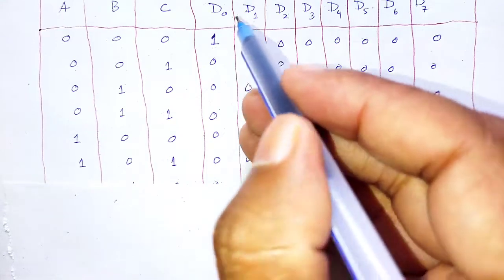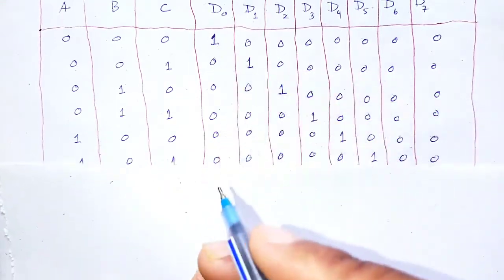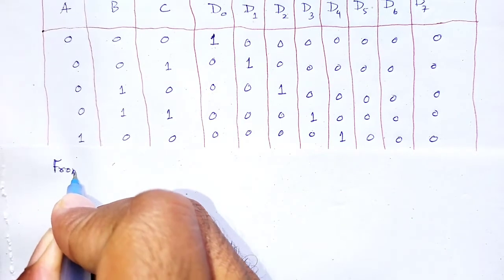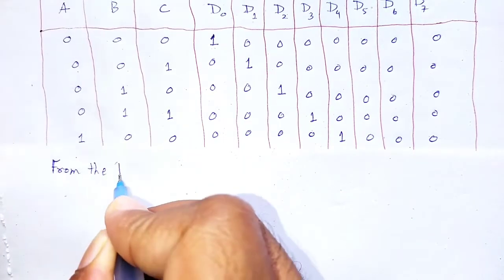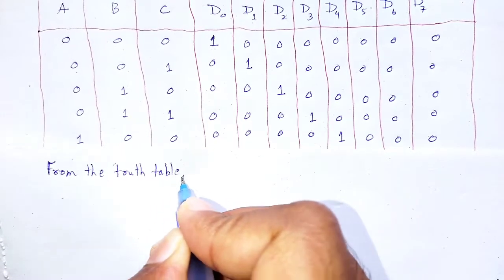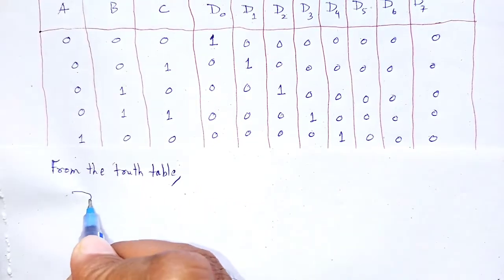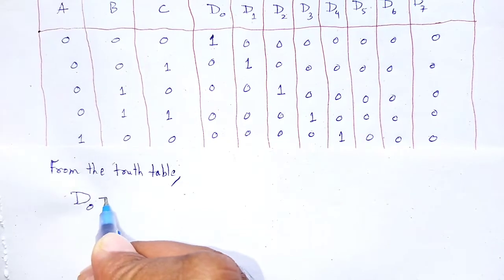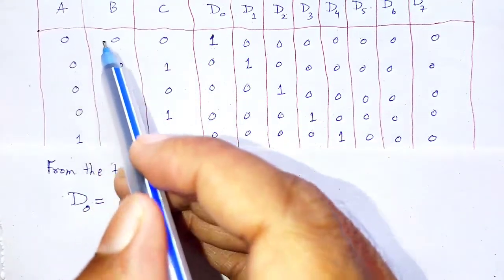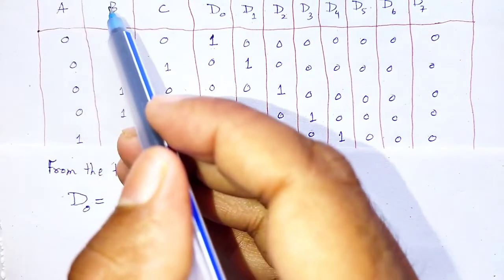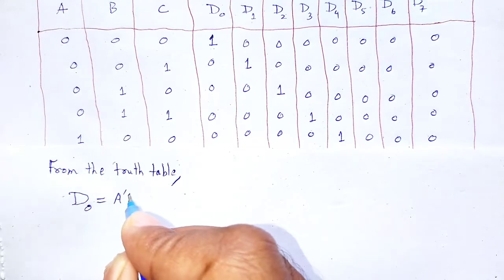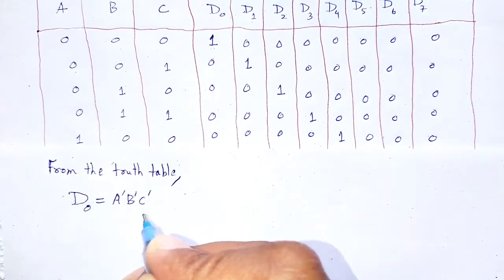First one, for D0 high value is 1. From the truth table, first D0 is 1, possible inputs 0, 0, 0. So, A dash, B dash, C dash.